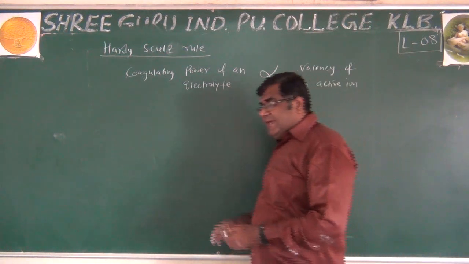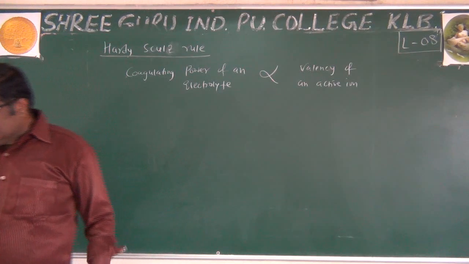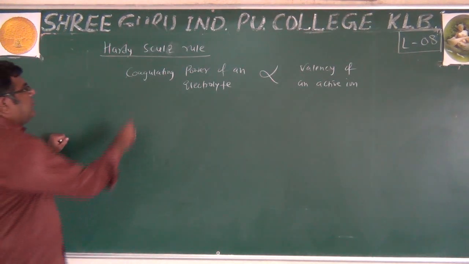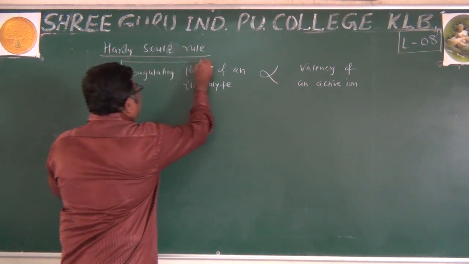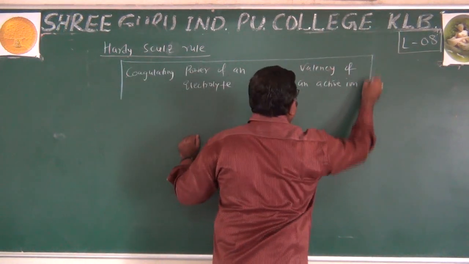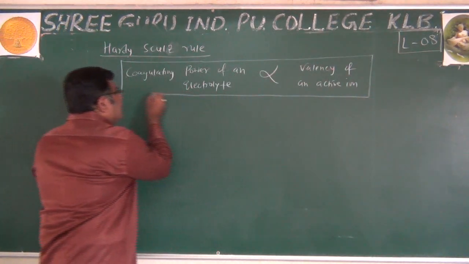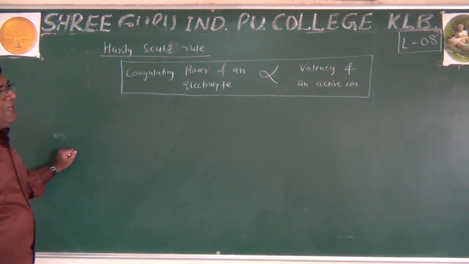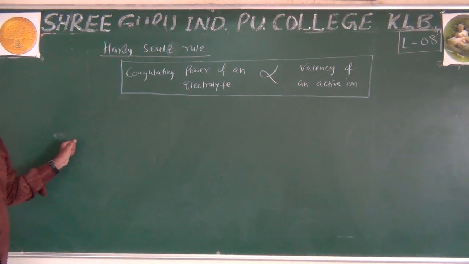Active ion means that ion which causes the coagulation. Coagulating power of an electrolyte is directly proportional to the valency of an active ion.